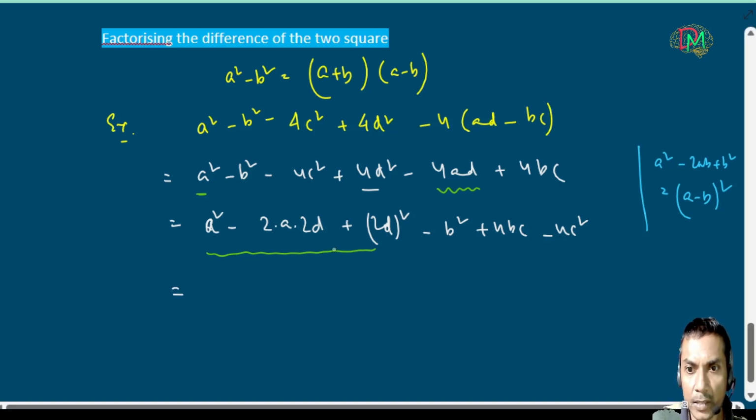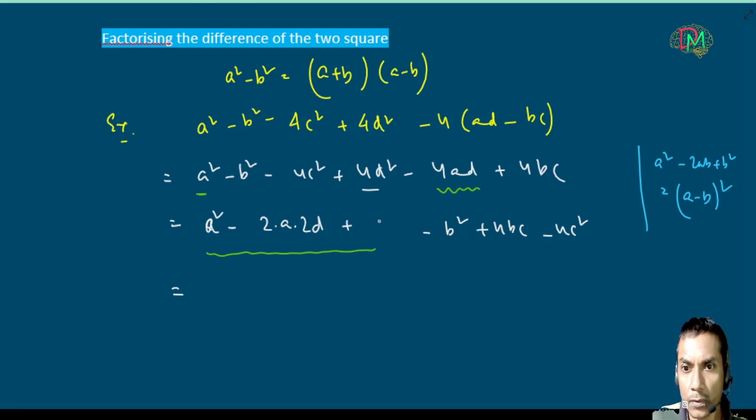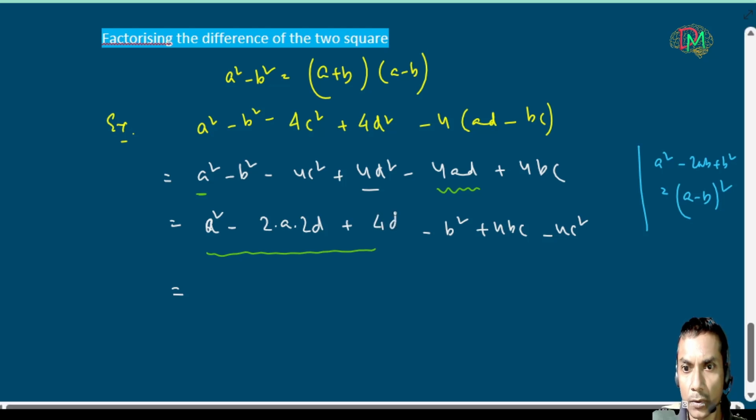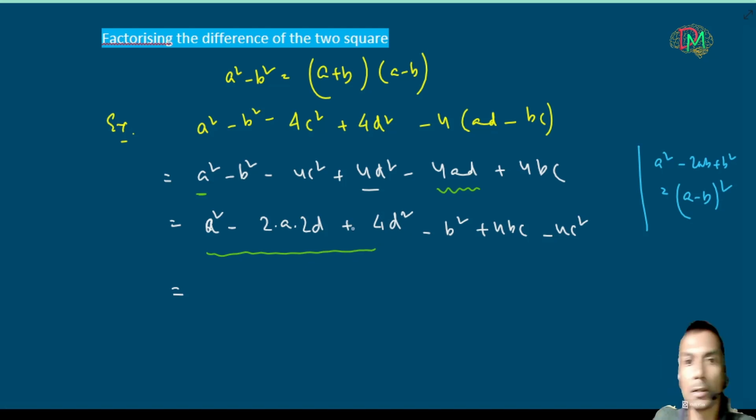So better you write this step so that we can identify the group, that is 4d square. What we have done, we have grouped these three and separated them from this group. This group is a square, 4d square and 4ad. Okay, clear?